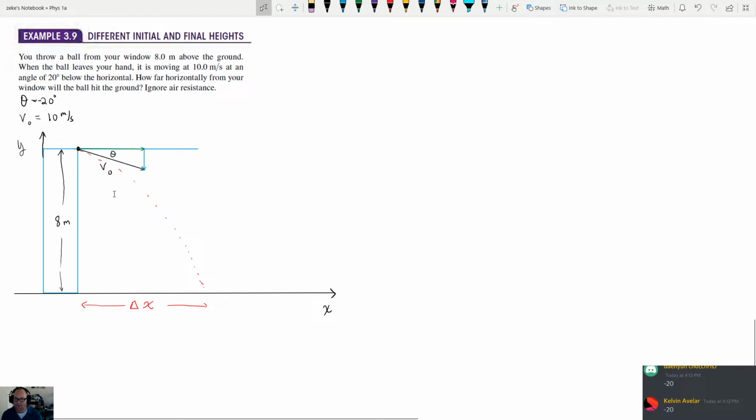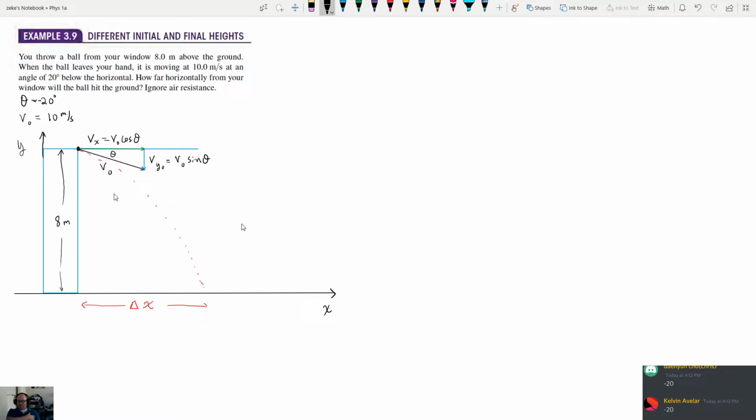This is Vx, and it's going to be equal to V initial times the cosine of theta. And this is Vy initial, and that's going to be equal to V initial times the sine of theta.